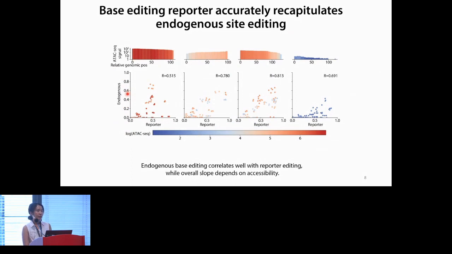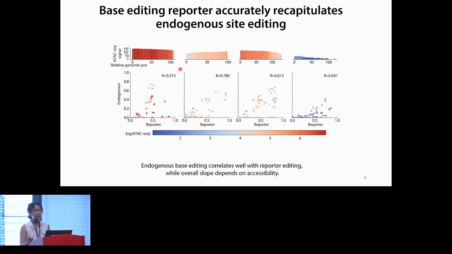This makes sense because if the target site is not accessible, it is hard for the enzyme to bind there and make the edit. And we will later use this relationship, that the ratio of reporter and endogenous site editing rate depends on the accessibility, in our modeling.